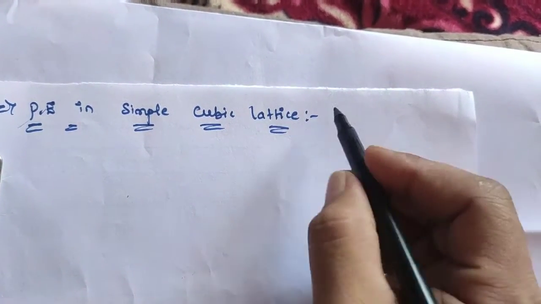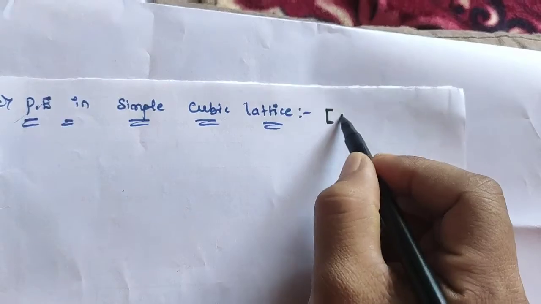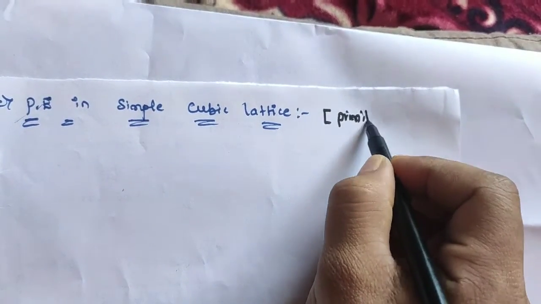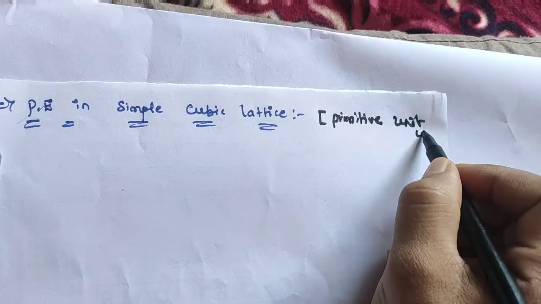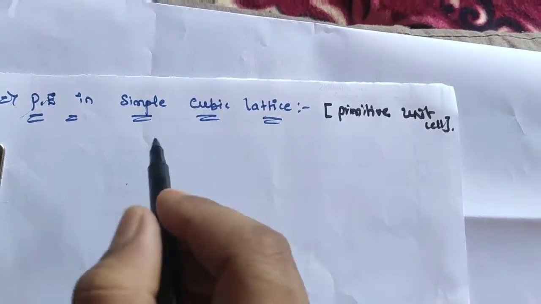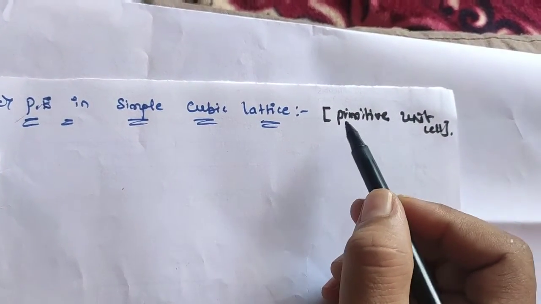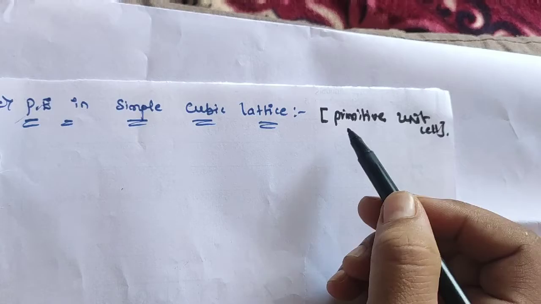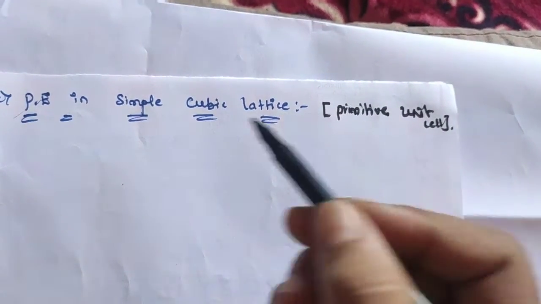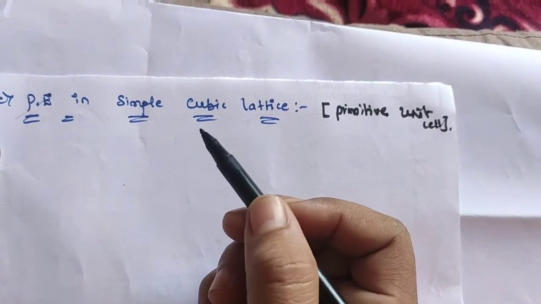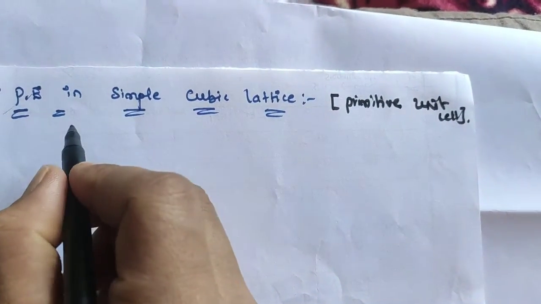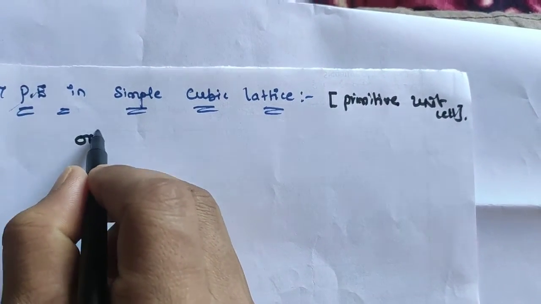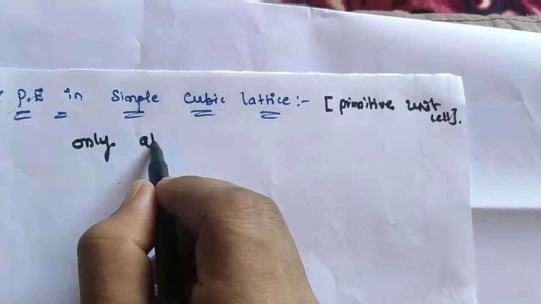It is also known as the primitive unit cell. We have already learned what a primitive unit cell is and where the constituent particles will be located: only at the corners.